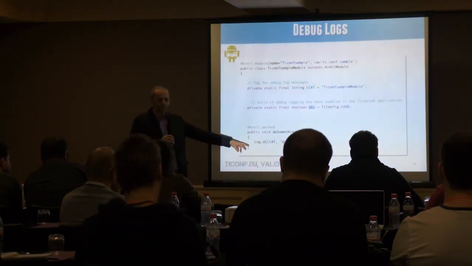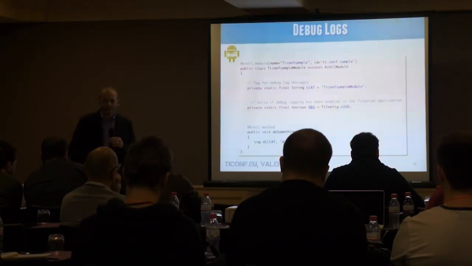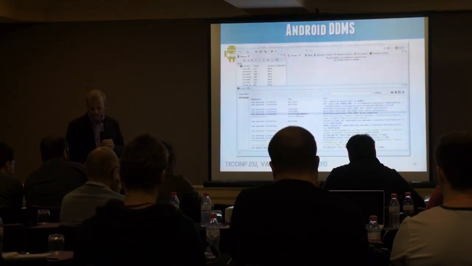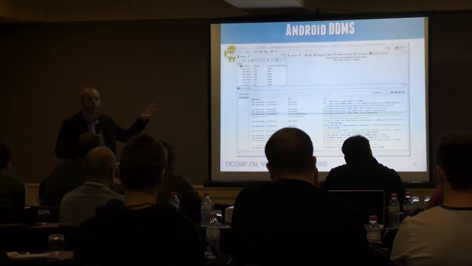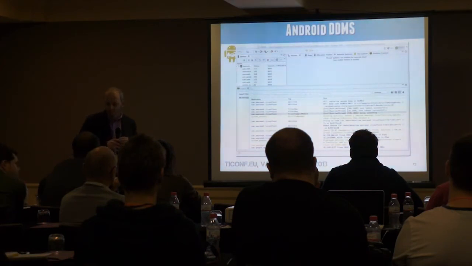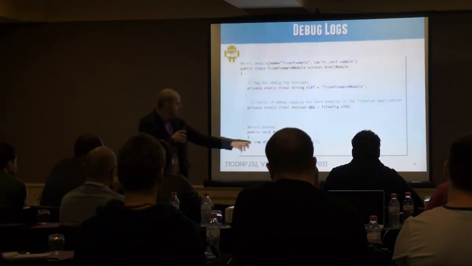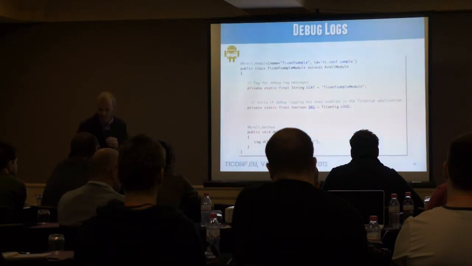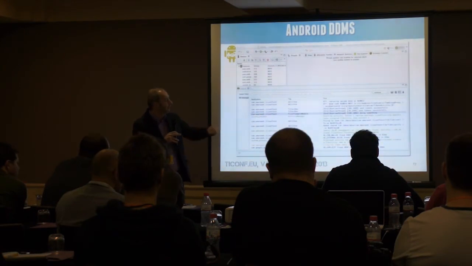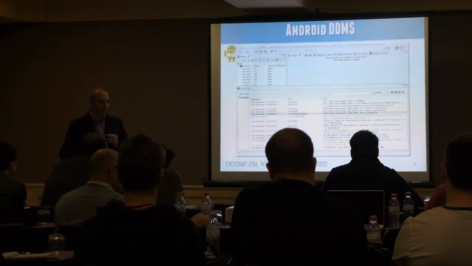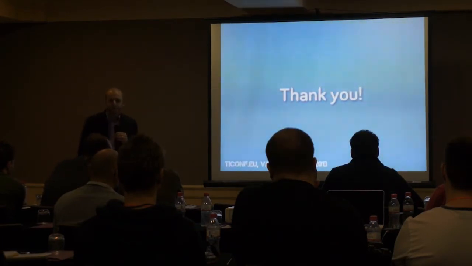Simply we use the log method in our code for sending these log messages that we can read using the Android DDMS tool. So I told it here to log doing something because it's called the do something method, and we find it here in the DDMS tool, which is the debugger tool for Android. And so, thank you.